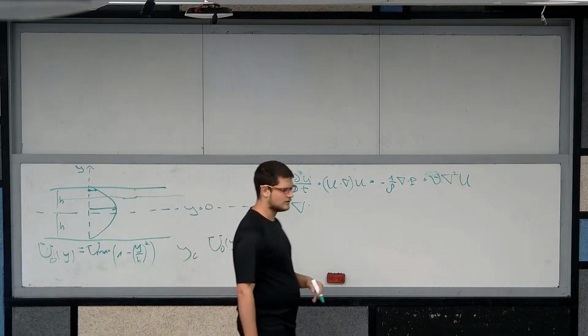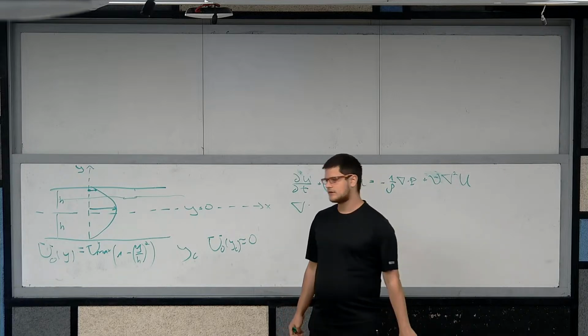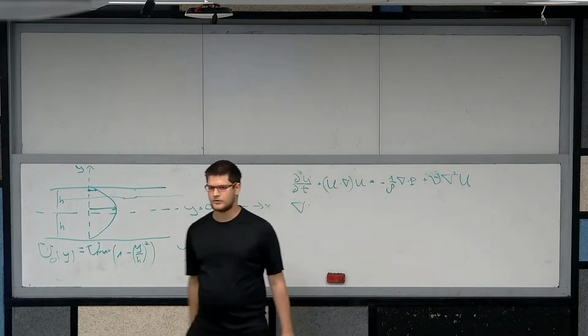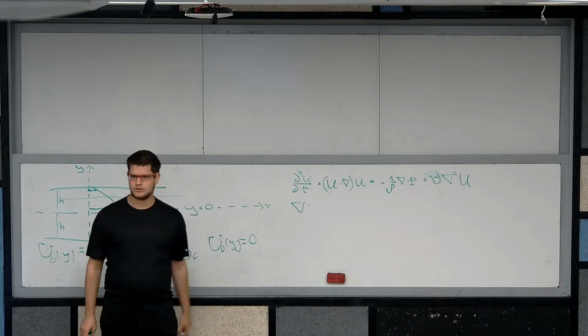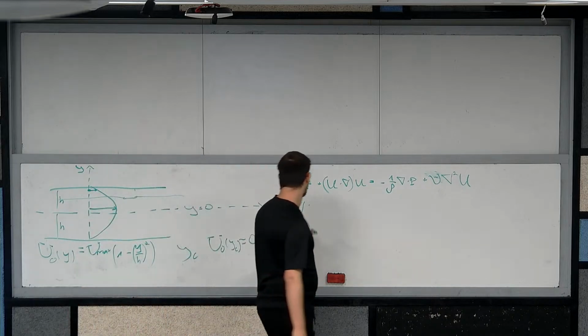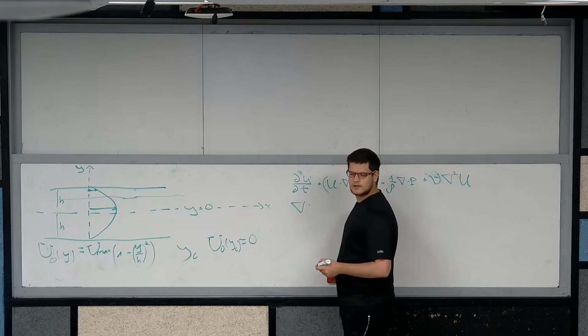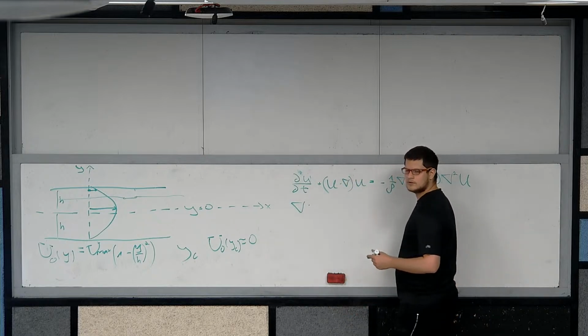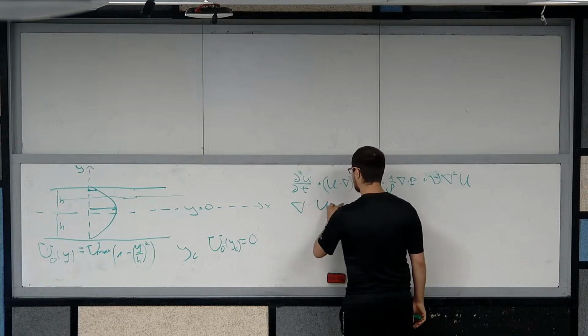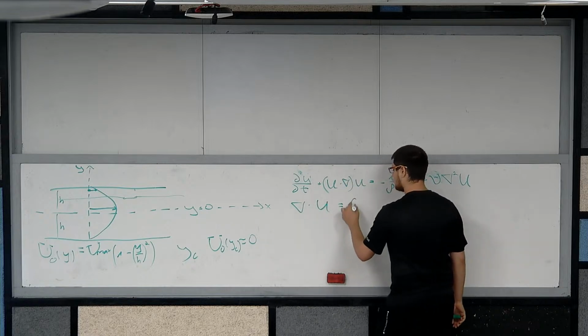When it gets relativistic, you have very fast particles, therefore sometimes it can compress. So that will be horrible. But for incompressible, you have something that you get from the continuity equation, that the divergence of u equals 0.